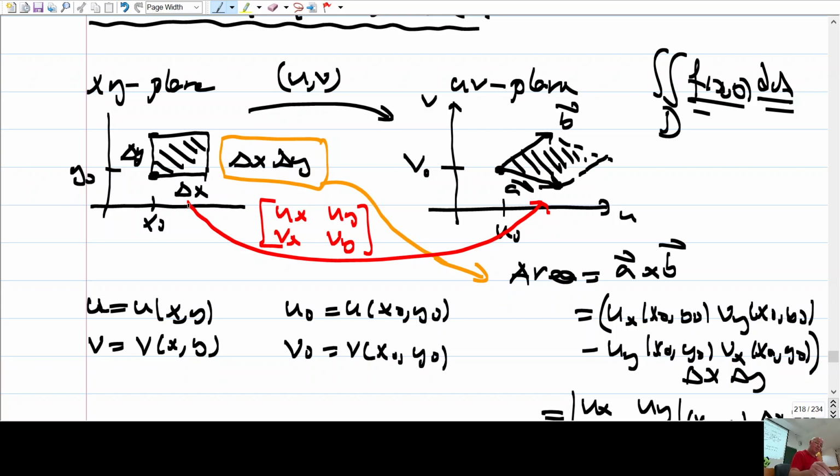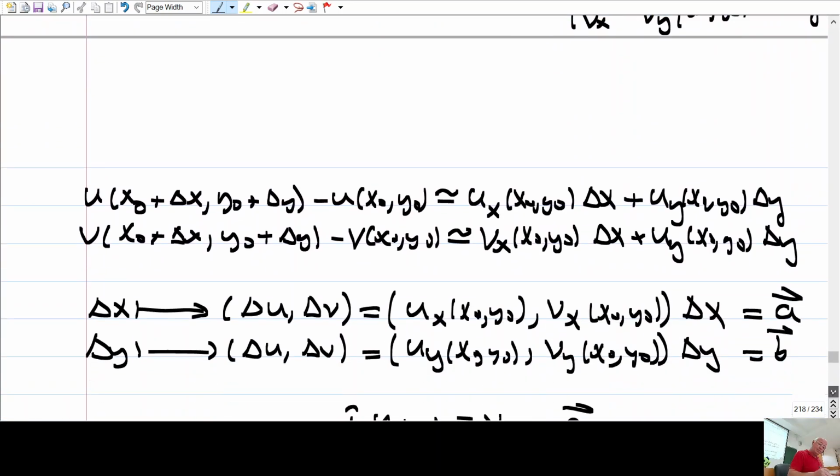And this is transformed via this coordinate change to the UV plane. How? This vector delta x is mapped to this vector A, and delta y is mapped to the vector B. When you change x0 a little bit in U and V, you obtain this.